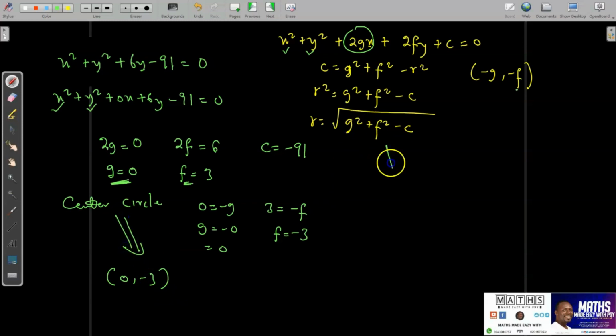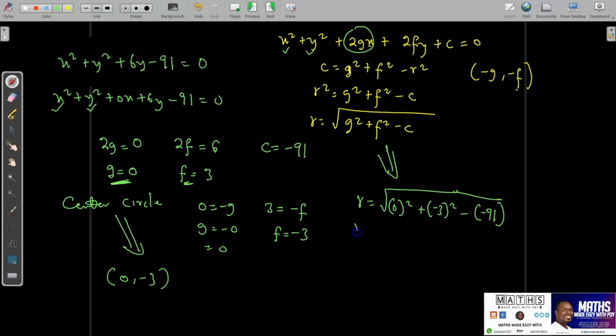Now, how then do we get the radius? We apply this. We've seen the center as (0, negative 3). We know our c value in the question is negative 91, so just substitute it there. You have r equal to square root of positive 0 all squared plus negative 3 all squared, then minus negative 91, because the c value here is negated, and the constant in the equation is negative 91.